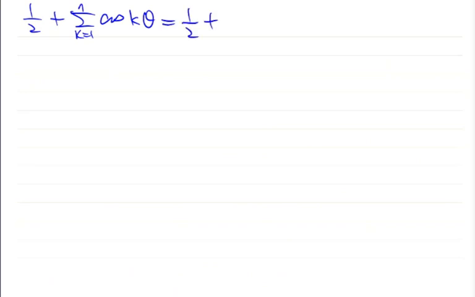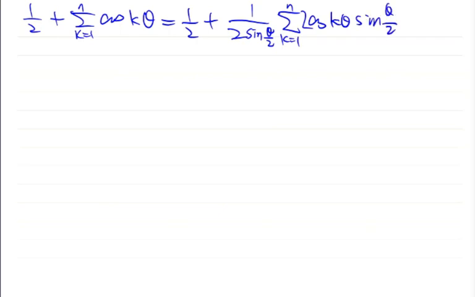Multiply by 2 sine half of theta: the sum over k from 1 of 2 cosine k theta sine half of theta.